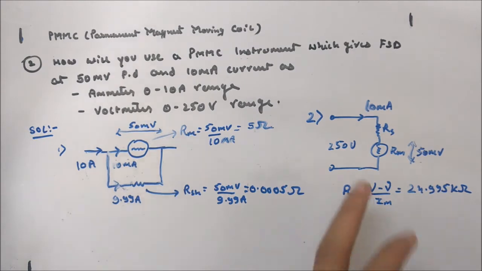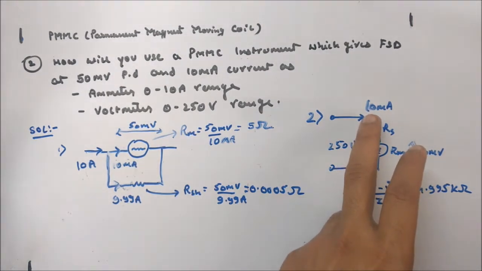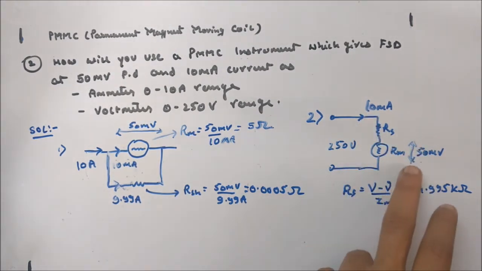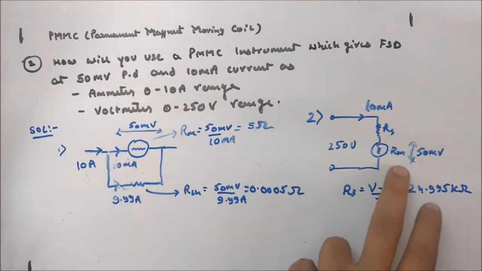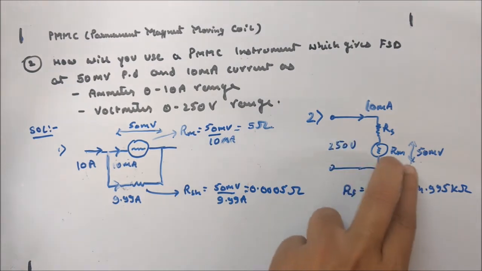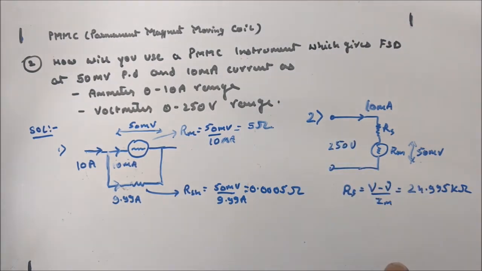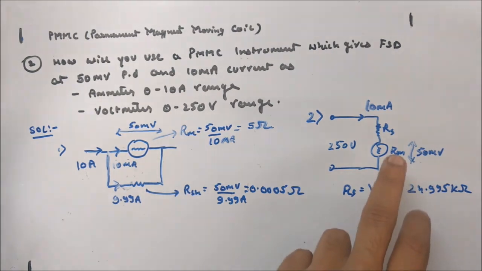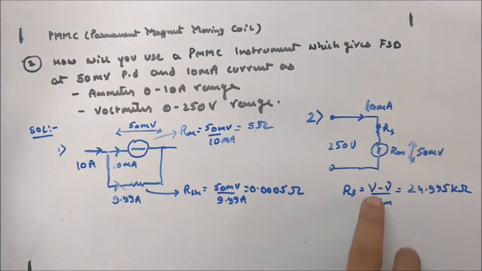Okay, so 250 volt, 10 ampere, and you know the potential difference across the instrument, that is 50 millivolt. So you can calculate the resistance Rm, and also you can calculate the value of the series resistance, that is capital V minus small v, divided by Im, which comes out to be 24.995 kilo ohm.